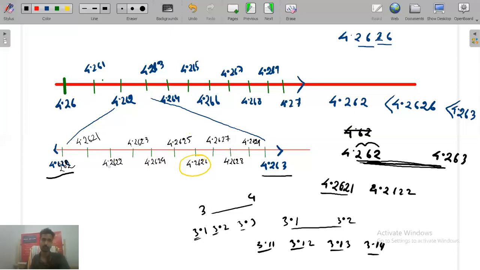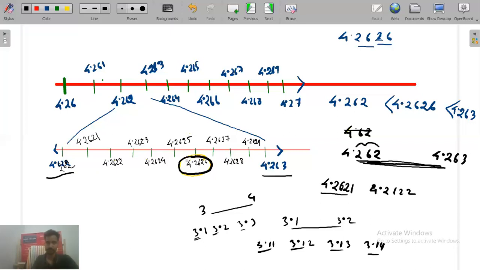Then 4.2622, 4.2623, 4.2624, 4.2625, 4.2626, 4.2627, 4.2628, 4.2629, and the last will be 4.263. We have divided the distance between these two into 10 equal parts. The required number is this one, 4.2626. Yes or no?